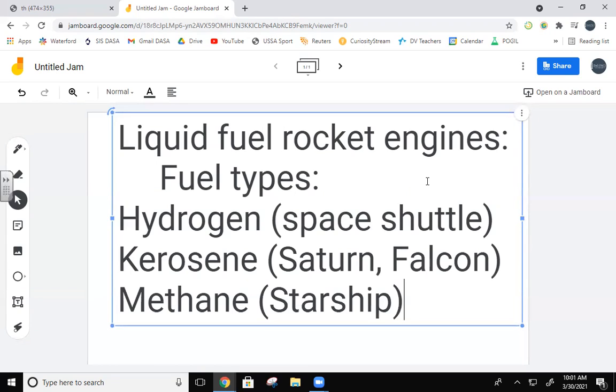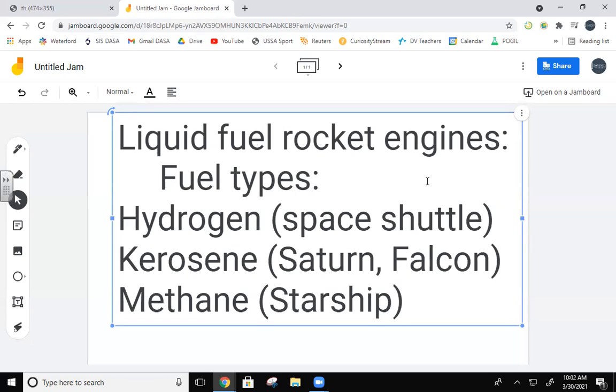Why? Because it has to be at an insanely high chamber pressure. We're talking 300 atmospheres of pressure. The space shuttle main engines operated at like 190 atmospheres. If you lose pressure in the chamber, it just fails.